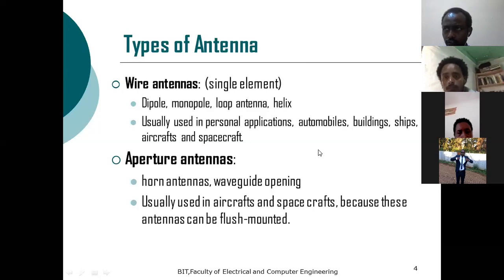If you remember what a waveguide looks like, it is an aperture-like structure. Such antennas can be used in aircraft and spacecraft because they can be easily flush mounted to the surface.